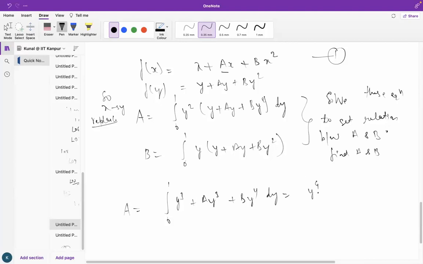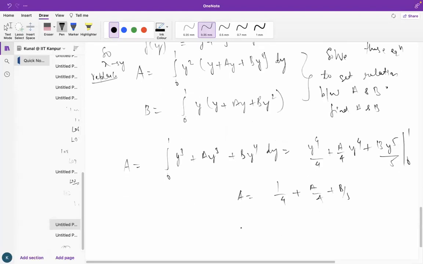So what we get? y^4 by 4 plus a y^4 by 4 plus b y^5 by 5, and we are integrating it from 0 to 1. So we get a is equal to 1 by 4 plus a by 4 plus b by 5. So what we will get from here? We get a minus a by 4 minus b by 5 is equal to 1 by 4, that is 3a by 4 minus b by 5 equals 1 by 4. So this is our equation number 1.